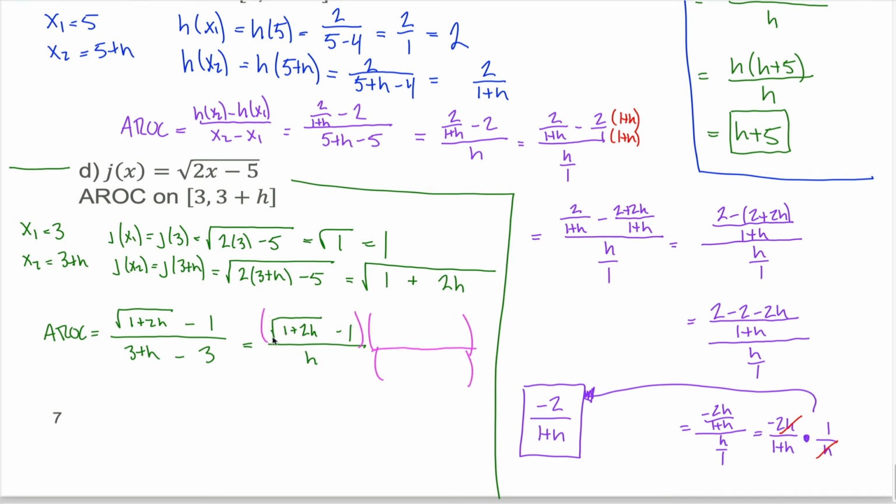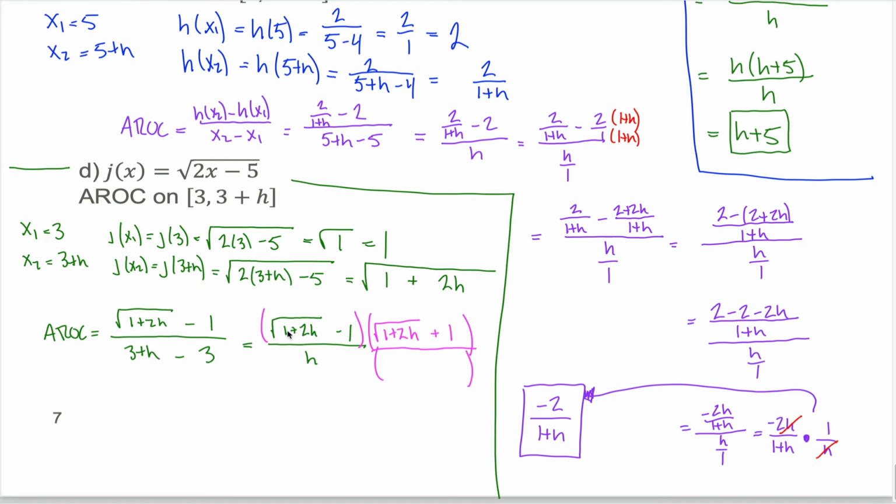Anytime I'm in this case where I have a radical and then a number that's not underneath the radical, what I want to do is write the radical again, so the square root of 1 plus 2h, and then write the number again, so 1. And if there's a minus in between those two things, I want to change it to a plus. If there was a plus in between those two things, I'd change it to a minus. That's what's called the conjugate of this thing. It's the same thing, just change the minus to the plus.